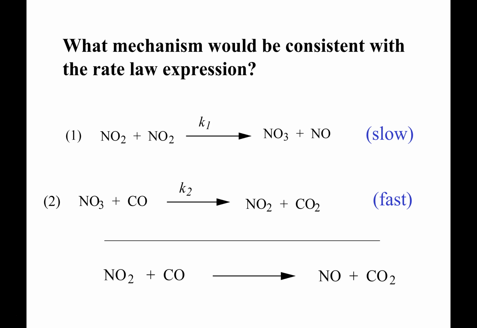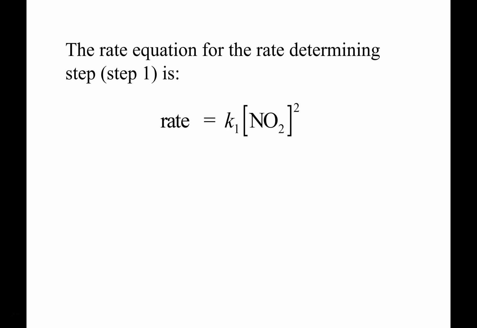So again, there's a couple of checks here. That's one of the checks: do those elementary steps give you the reaction of interest? The answer is yes. And the other check is, if you focus on the rate determining step and then go ahead and use molecularity, does that match up with what you observed? And the answer for that is yes.